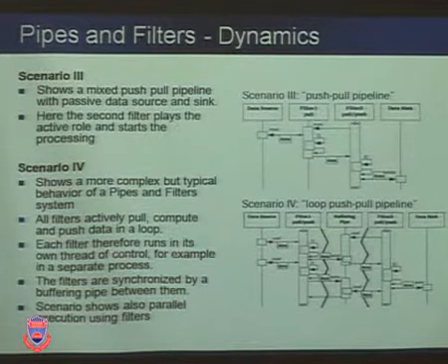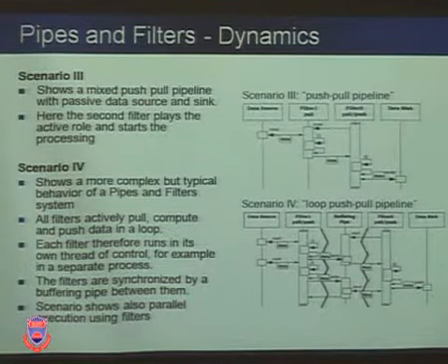As such, each filter runs in its own thread of control, for example in a separate process. So it's not just sequential. They are all active, could be like agents. These filters are self-autonomous. The filters are synchronized by a buffering pipe between them.